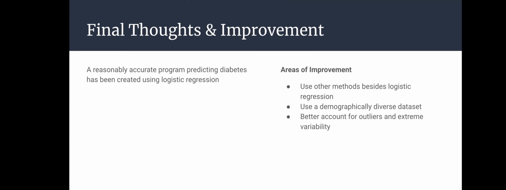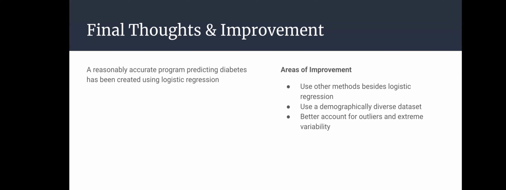Now, there are, of course, areas of improvement. First and foremost, it is useful to use other methods than just logistic regression, maybe even other machine learning methods alongside logistic regression. Secondly, the data set that was used was limited to females aged 21 plus in the Pima Indian community, and it wasn't a demographically diverse data set, and that would help in reducing variability.